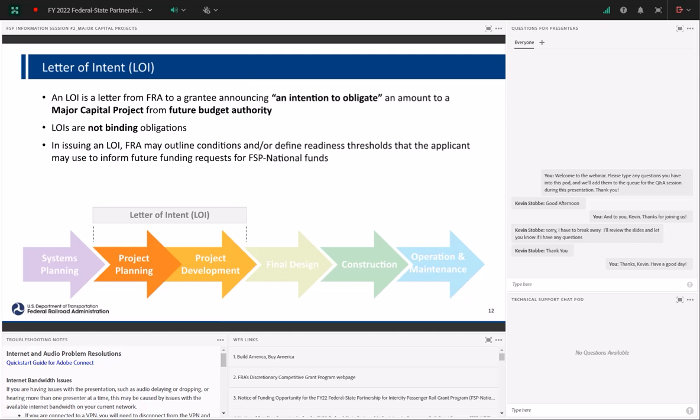LOIs, as a key point, are not binding obligations. In issuing an LOI, FRA may outline conditions and/or define readiness thresholds that the applicant may use to inform future funding requests for FSP national funds.